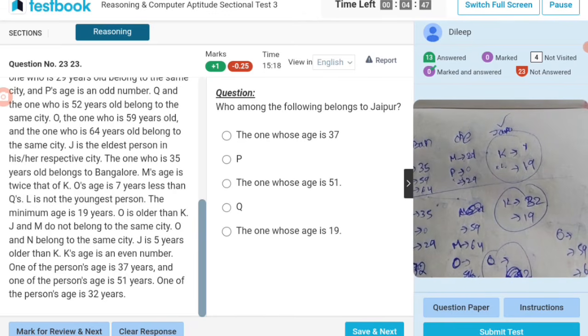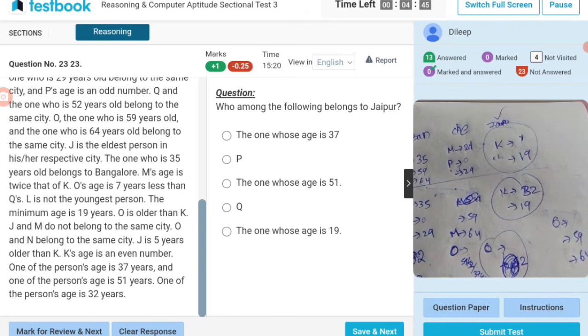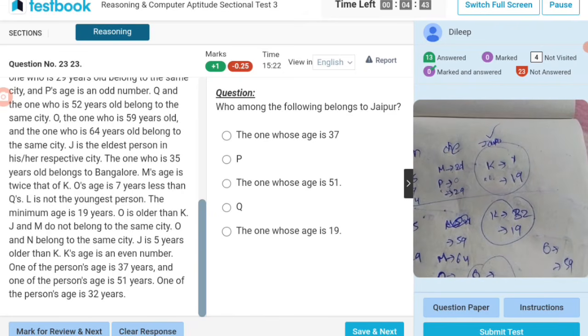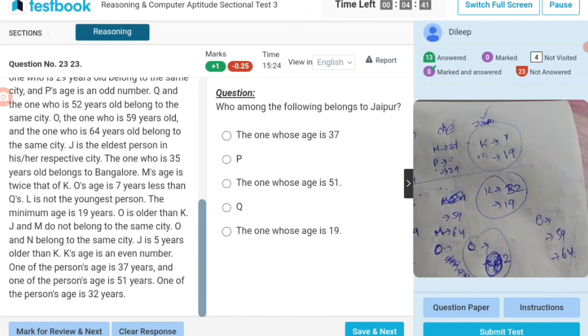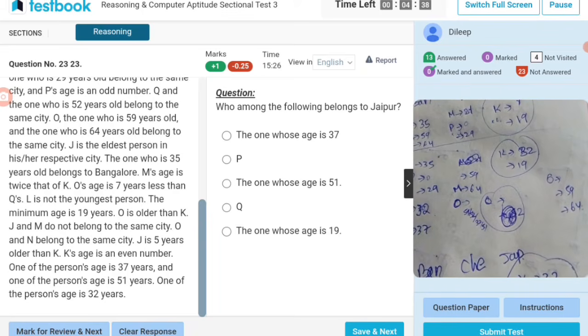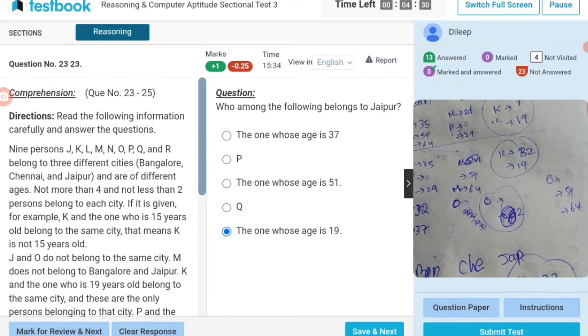So 4, 5, 6, 7, 8, 9. So here N is 51, I think. L, 32. J K L M, N O P Q R.